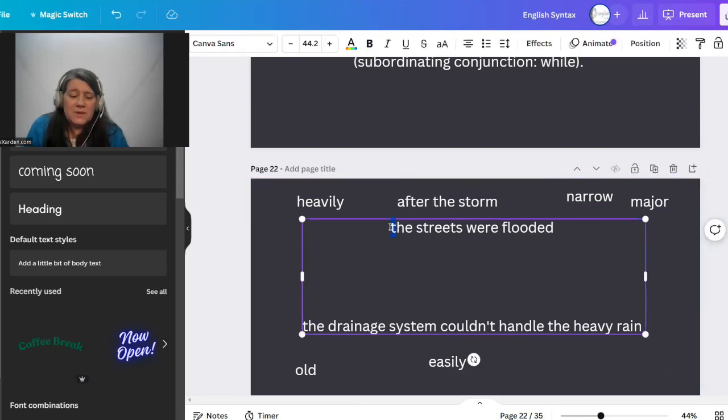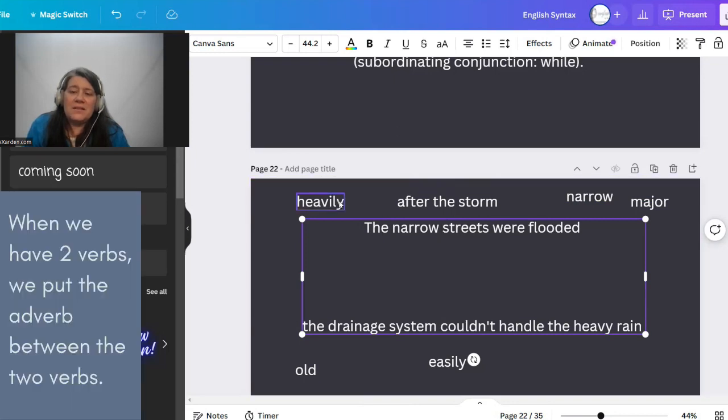Our first sentence, we need it to be capitalized. What kind of streets were they? The narrow streets, that means skinny. The narrow streets were flooded heavily, or we can even say were heavily flooded. Okay.